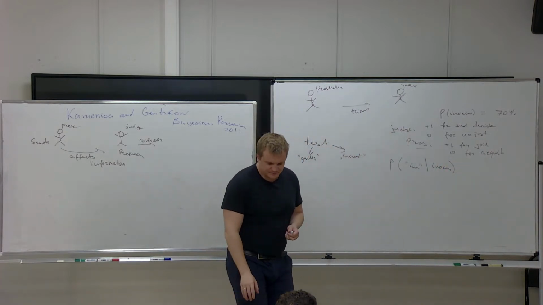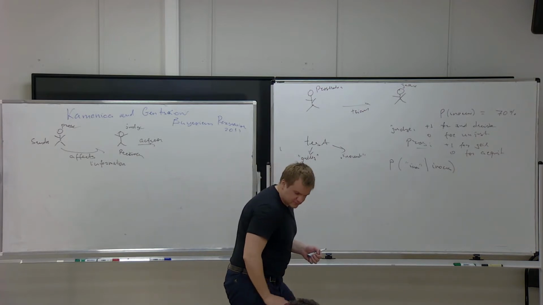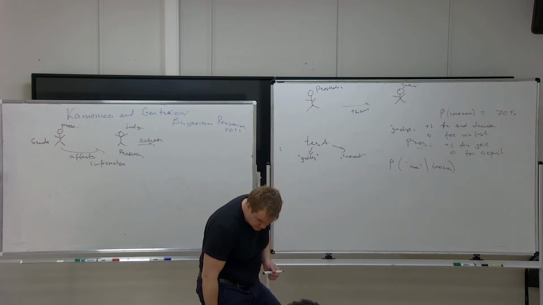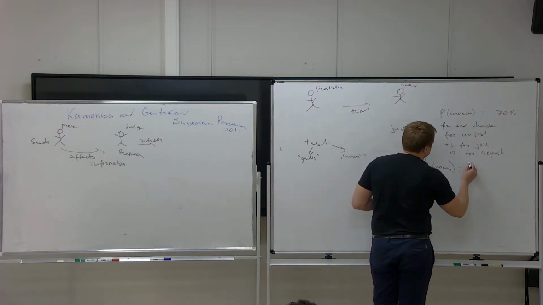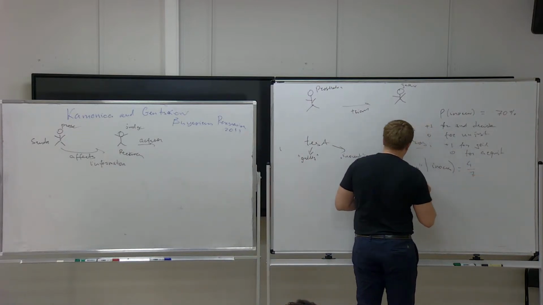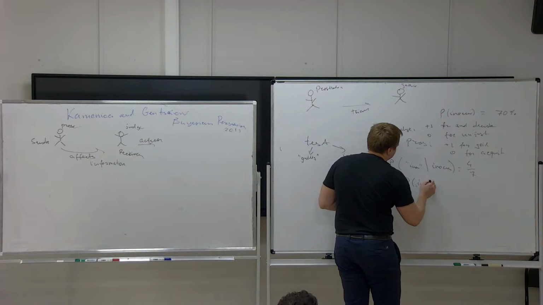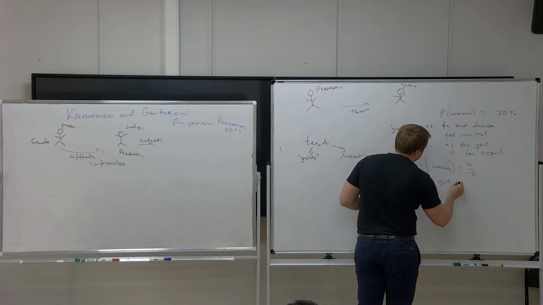It's 4/7. Probability of innocent conditional on guilty is 0.